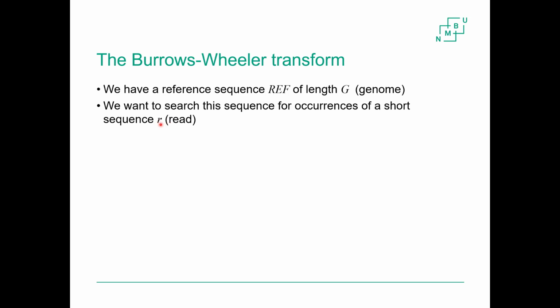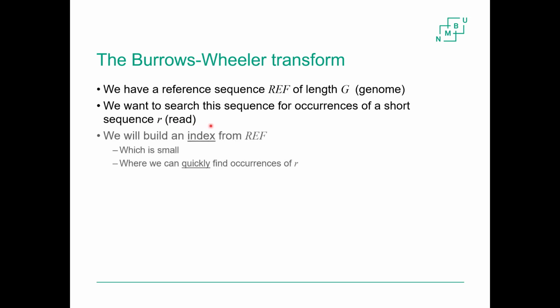And even perhaps if it matches once or many times. So what we do now is we try to build an index from this reference, which is small. It shouldn't be super big because we know that computer memory is not infinite. And some of these references can be really big, right? But most importantly, we must be able to quickly find where this read matches in that long sequence.